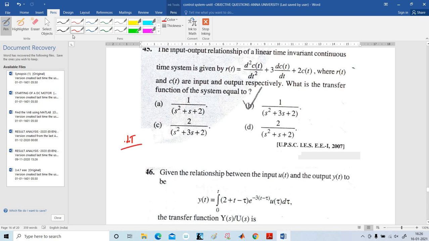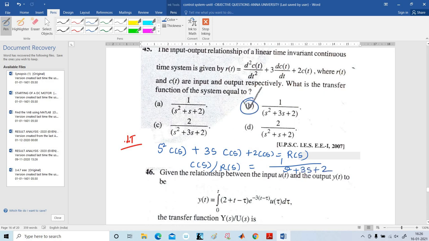So the first one is s square into C of s, second one 3s into C of s, plus 2 into C of s equal to R of s. Okay, what is C of s by R of s? C of s by R of s is 1 divided by s square plus 3s plus 2, which is the correct answer. B is the correct answer.